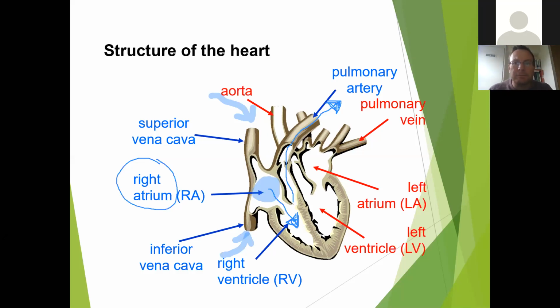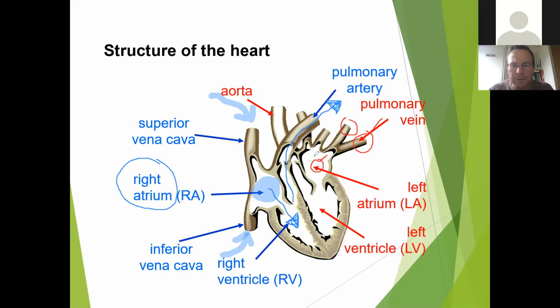Now, I'm going to change my color because now it's become oxygenated. So that oxygenated blood, you'll see I've got two pipes, bringing that blood back to this area, this left atrium.